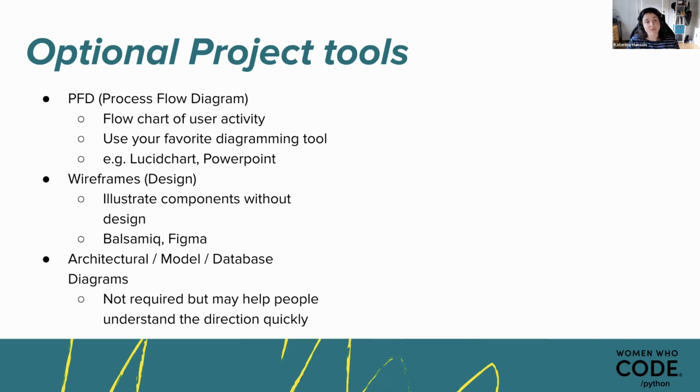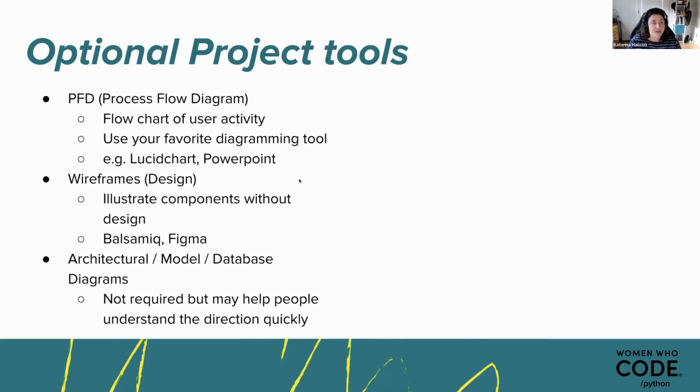The wireframes will illustrate components without any specific design. Especially for standing something up that is very quick and fast, usually wireframes are sufficient because you're using some kind of a design framework. So that's really where you get to unblocking the programmer. You really want to have at least wireframes.